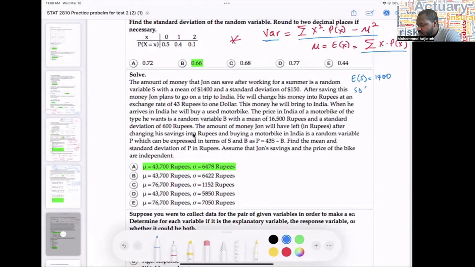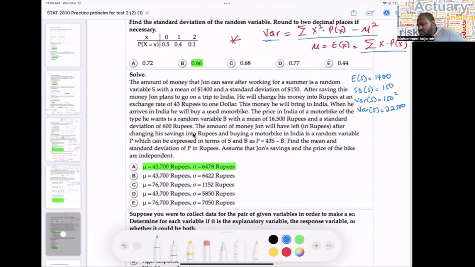So the standard deviation of S is equal to 150. Based on this, I could say var of S is equal to 150 squared. Now you can use your calculator to find what is 150 squared because we already know this information. So that should give you var of S is equal to 22,500.